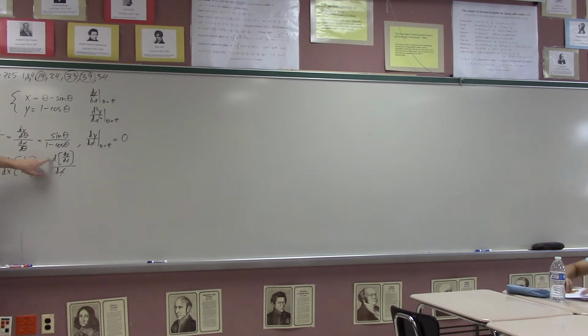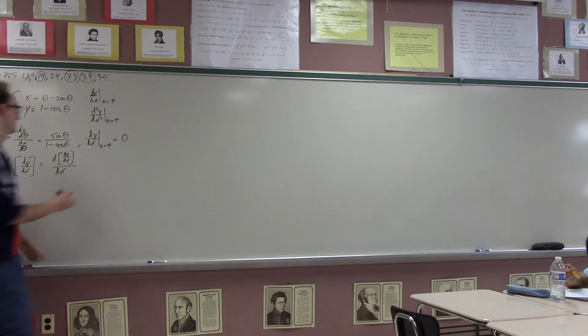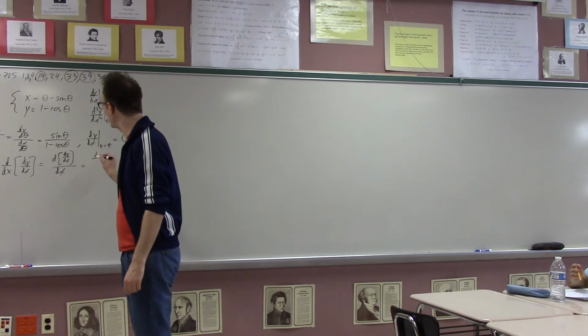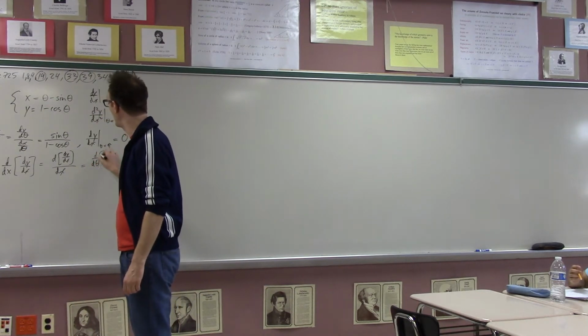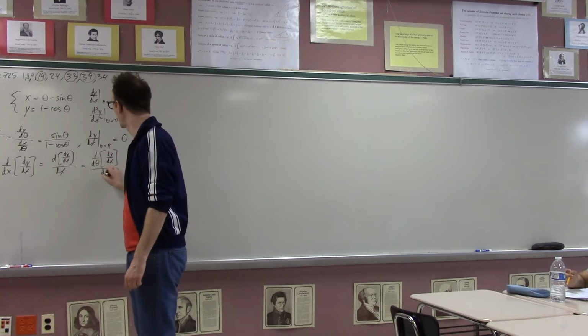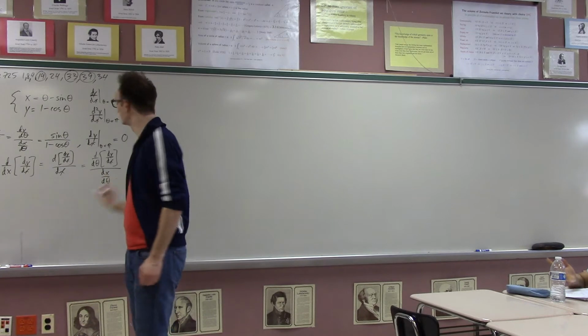Here, since we're differentiating dy/dx with respect to x, and each of these are independently functions of theta, the answer is the derivative with respect to theta of dy/dx, over dx/d theta.